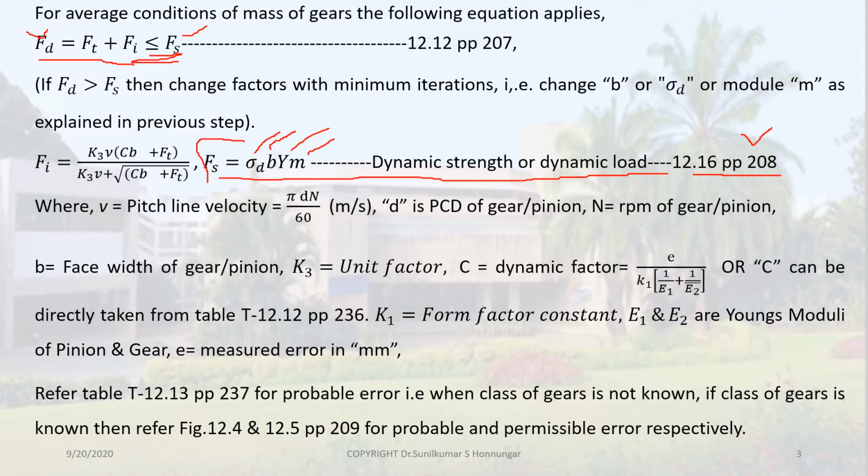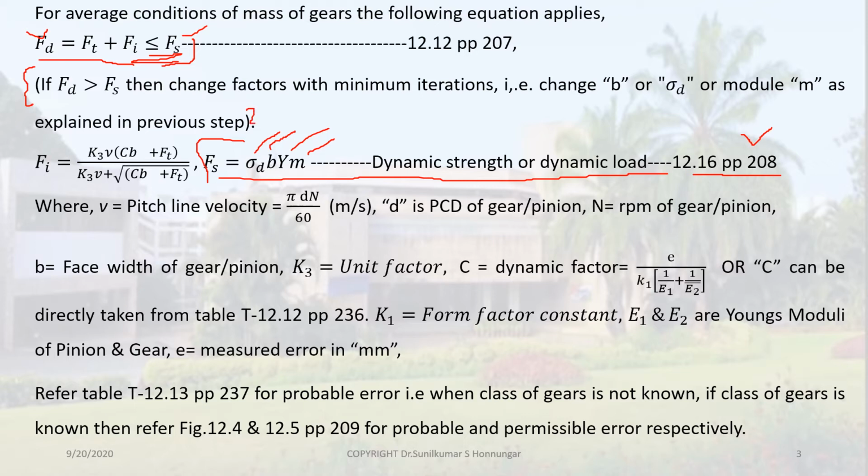In case this condition is not met, you cannot validate the design, so you have to check that. This FD, the developed dynamic load, has to be less than the dynamic strength. In case this condition is not met, then what you have to do? You have to do the iteration mentioned in this bracket.